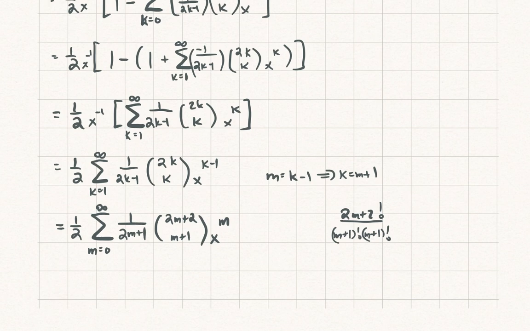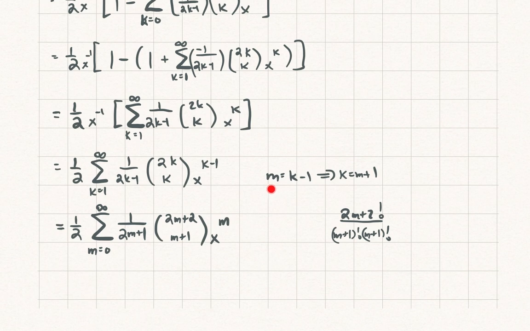So next, I'm going to multiply this x to the minus 1 back in to this expression here. So I'm going to have 1 less x. So I'm going to go from x to the k to x to the k minus 1. And then remember, our generating functions or our Taylor series always start at index 0. So I'm going to re-index this to start at 0.